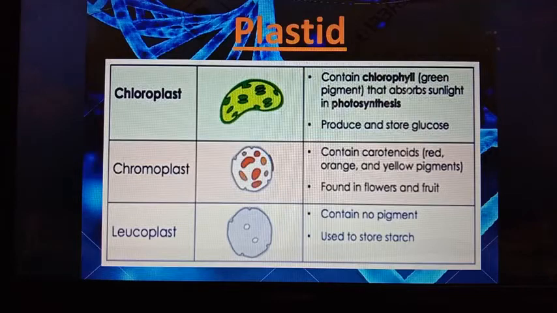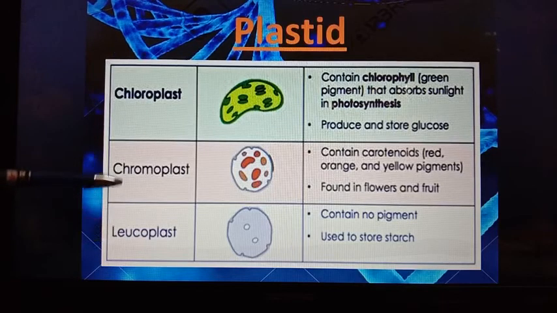Next cell organelle is plastid. Plastids are mainly present in plant cells. There are three types of plastids: chloroplast, chromoplast, and leucoplast. First, we will discuss the chromoplast.